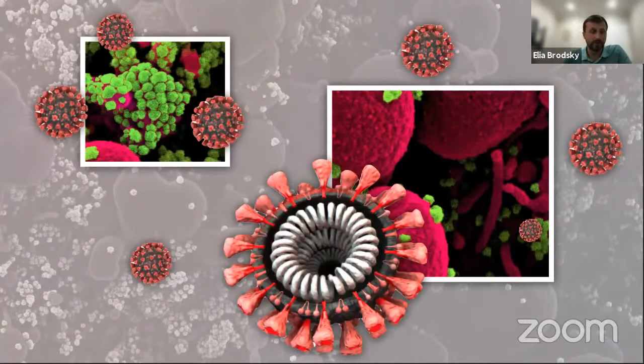But surprisingly, many different viruses are involved in a variety of diseases. For example, Epstein-Barr virus is involved in many cancers. Hepatitis can lead to liver cancer. So there's many diseases, including neurological diseases, that could be associated with either the direct effect of the infection or inflammation that is caused by chronic infection.